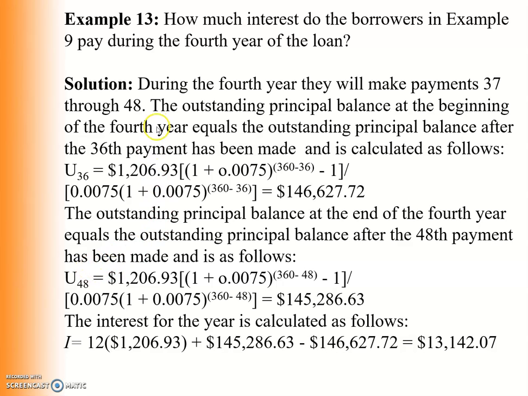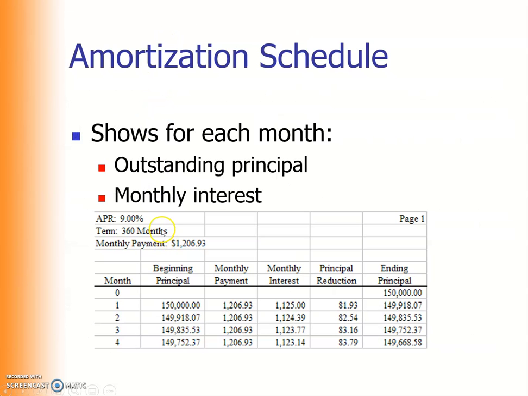With these examples from example number 9 to example number 13, we can create the amortization schedule. An amortization schedule shows for each month the outstanding principal and the monthly interest.